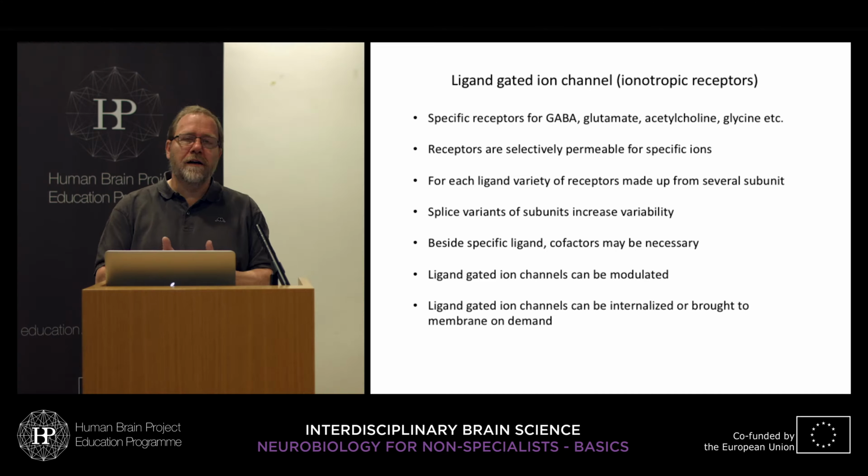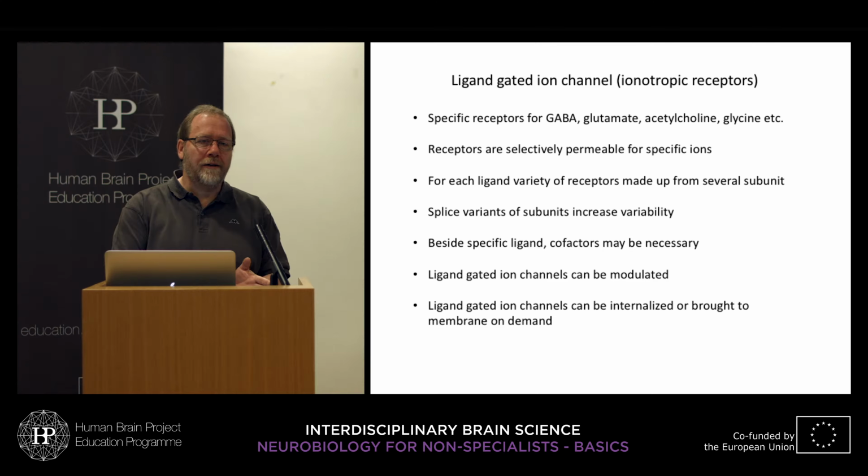Whether they are permeable for anions or cations is determined by charged amino acids in the pore, and the physical size of the pore restricts the ions which can go through. For each ligand, we have a variety of such receptors. As they are usually built up from different subunits, the composition of these subunits can change.